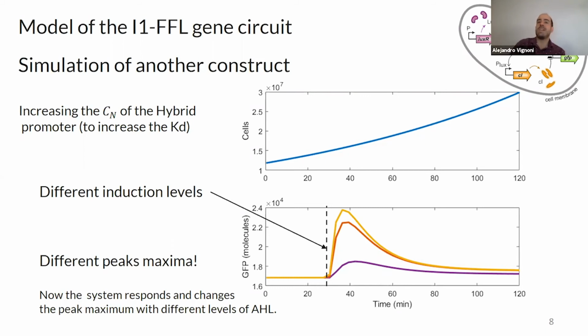We did that by simply changing the copy number where we put this promoter. With that we increased the KD by the amount that we needed, and we had a system ready to be implemented in the lab that presumably had the response that we want.